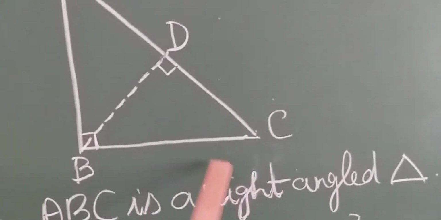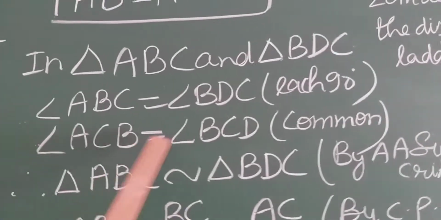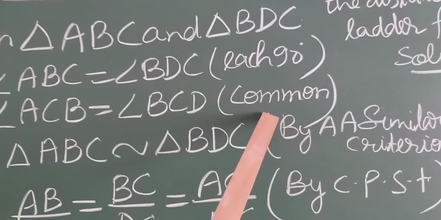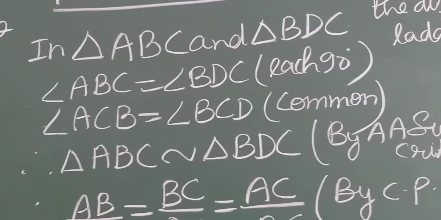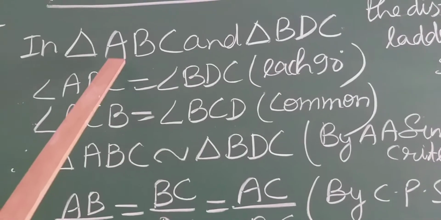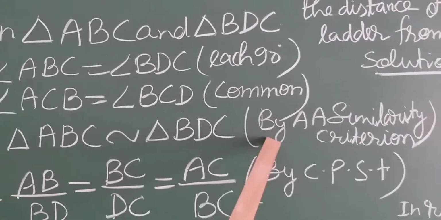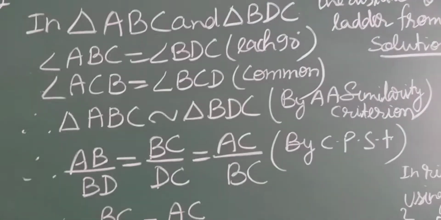The same angle is coming. So we can write angle C is common in both. So angle ACB equals to angle BCD. It is common. So again two angles are equal, student, here. So we can write triangle ABC is similar to triangle BDC by AA similarity criterion.